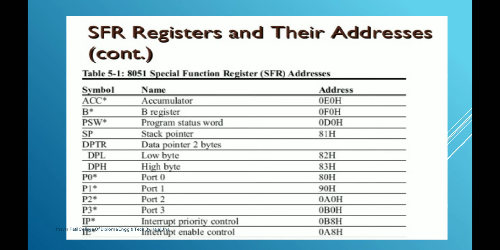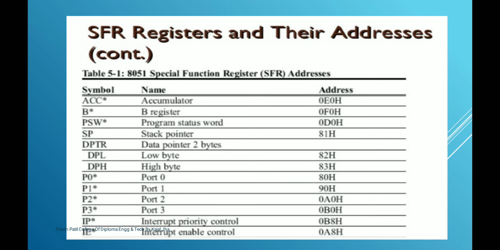So we can write A or ACC or accumulator; this is the same thing. The address of A is E0H, that is 0E0H. Then the B register address is F0H. Then PSW, the program status word register, has address D0H. Then SP, the stack pointer, has address 81H.